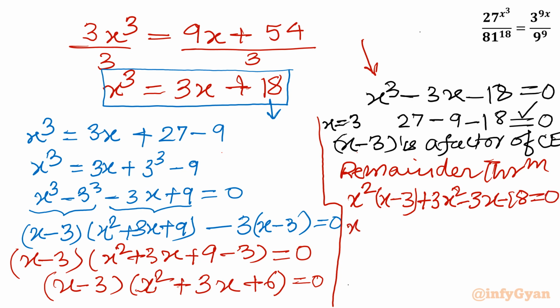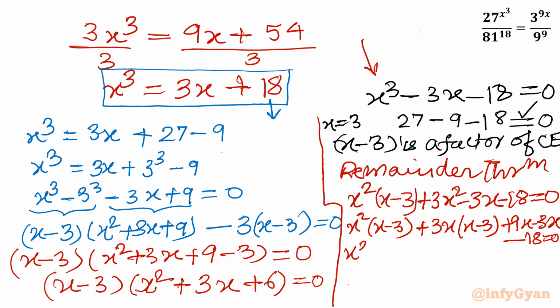Same job I will apply for the rest of the terms. So x minus 3, now you can see it is 3 times x I will write, and then I will write the factor x minus 3. Now what is extra? 3x square is there, minus 9x. So plus 9x I have to write. So plus 9x minus 3x minus 18 equal to 0.